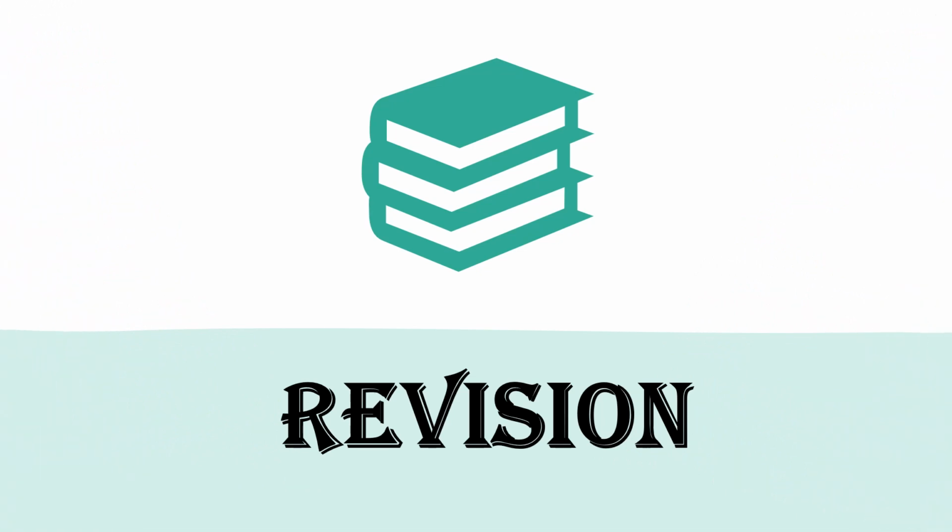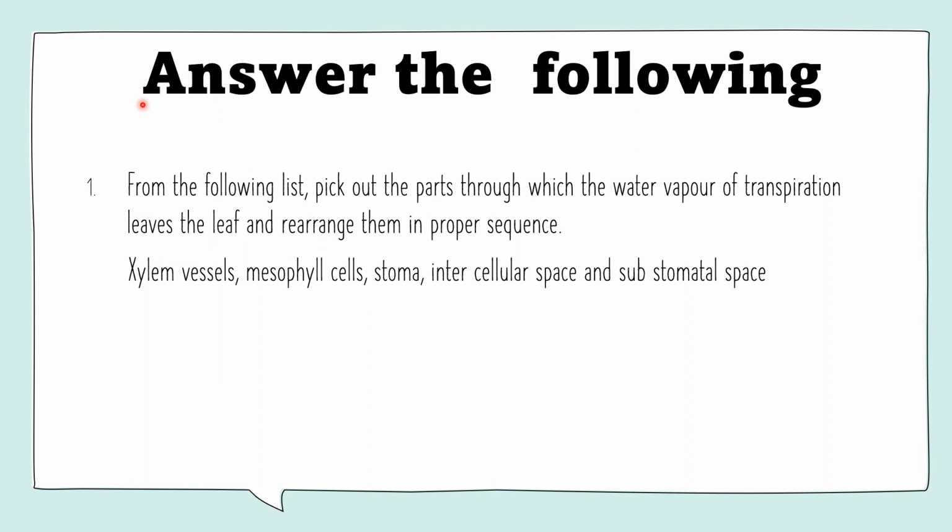Revision. Answer the following. First question. From the following list, pick out the parts through which the water vapor of transpiration leaves the leaf and rearrange them in proper sequence.